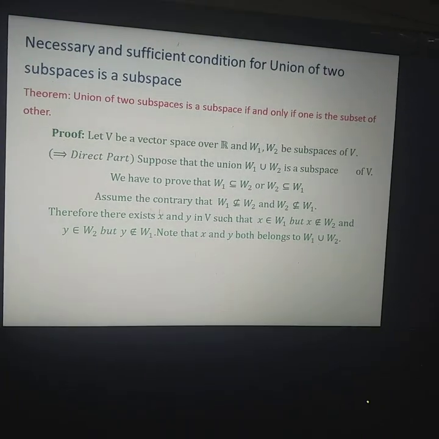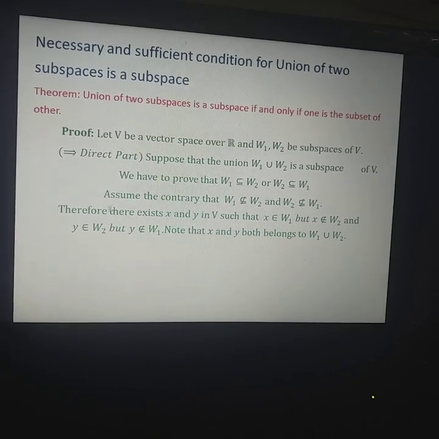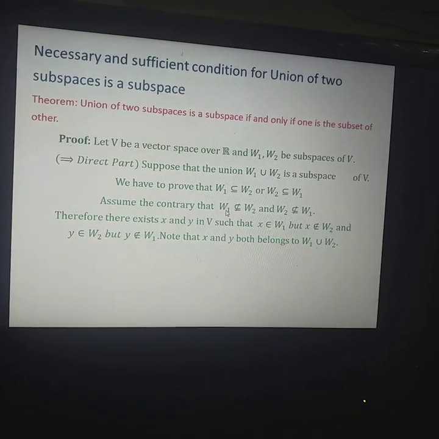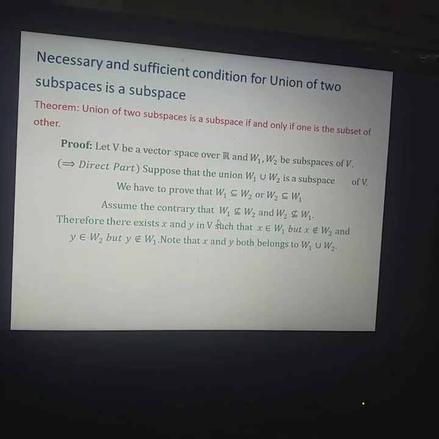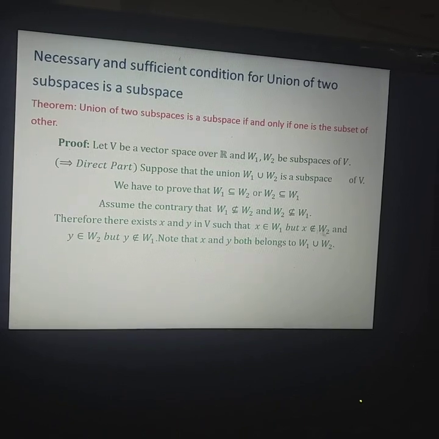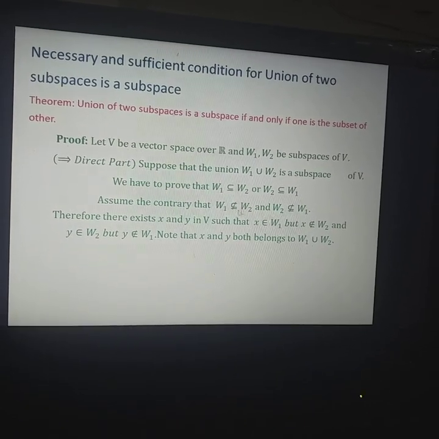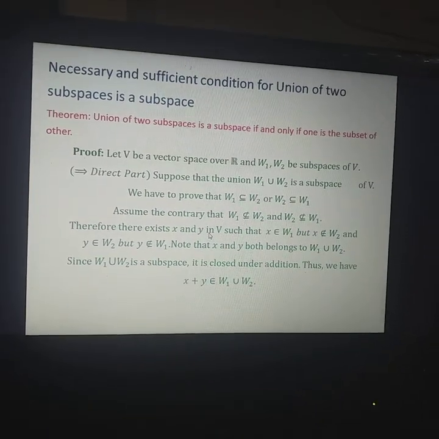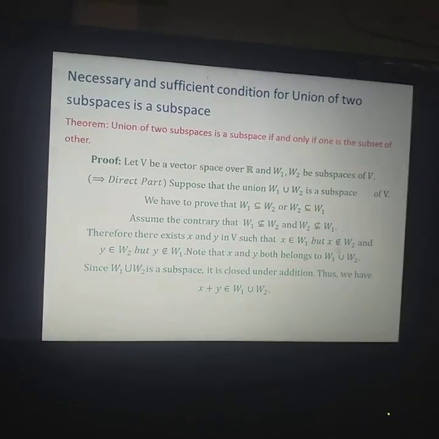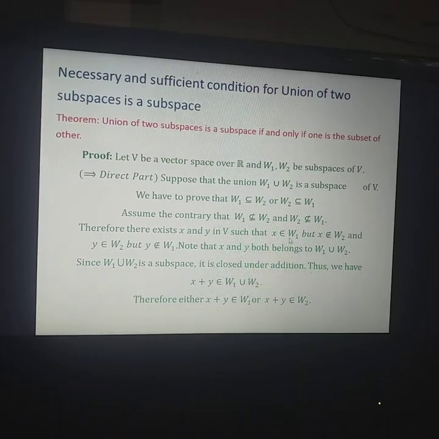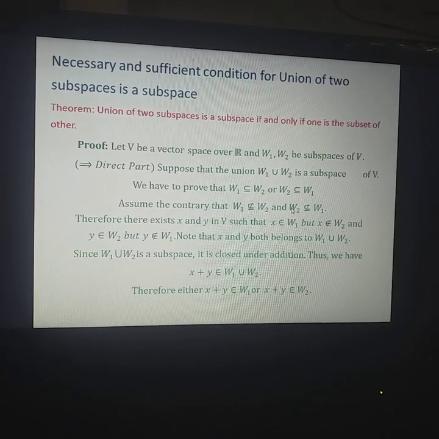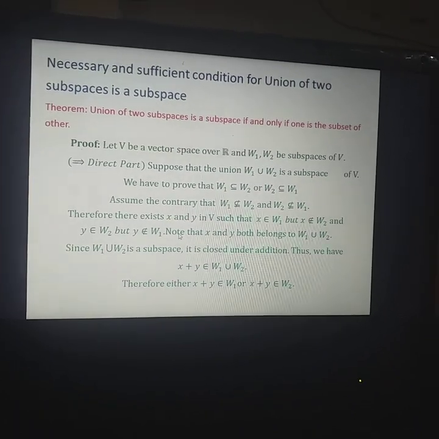So what happens? W1 is not contained in W2 means there exists at least one element X such that X belongs to W1 but X does not belong to W2. And since W2 is not contained in W1, there exists at least one element Y such that Y belongs to W2 but Y does not belong to W1.